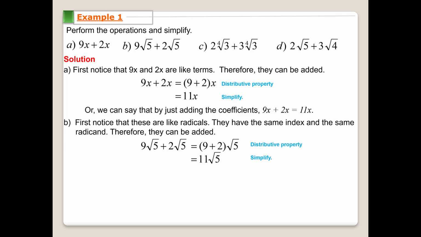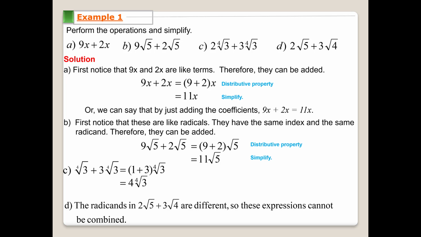Let's simplify that. It gives 11 square root of 5. In part C, we have the 4th root of 3 plus 3 times the 4th root of 3. Again, that 4th root of 3 is the same radical. We can simply take 1 plus 3, which will give us 4. So 4 times the 4th root of 3.